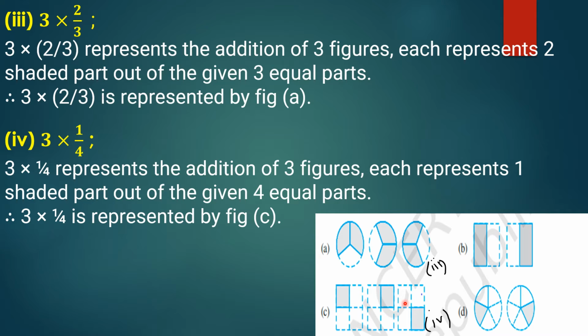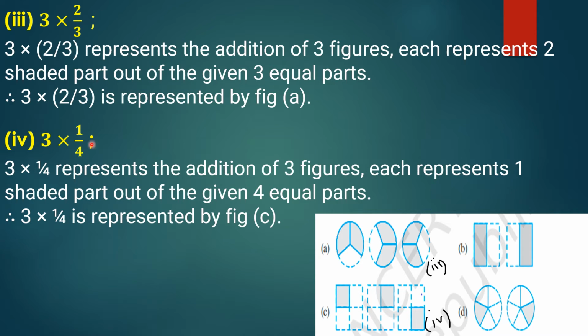So 2 by 3 means each represents two shaded parts out of the three given equal parts. So here we have four equal parts and here we have three equal parts, and therefore we have to check whether drawing A matches or not. So this becomes addition of three figures, and here three equal parts are there and each has two shaded parts. Therefore 3 into 2 by 3 is represented by figure A.